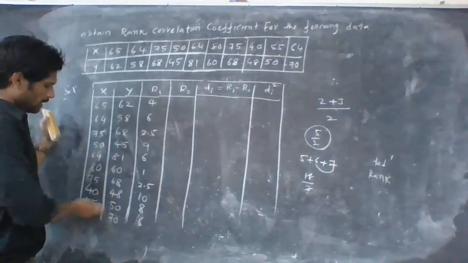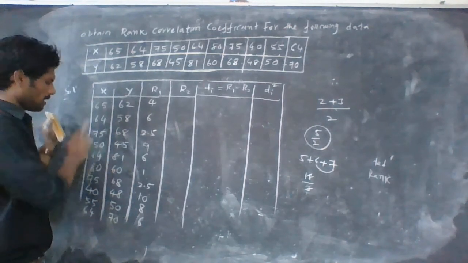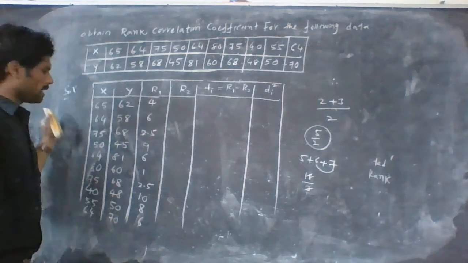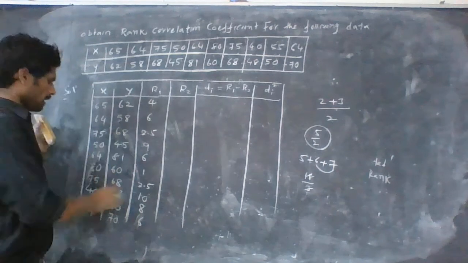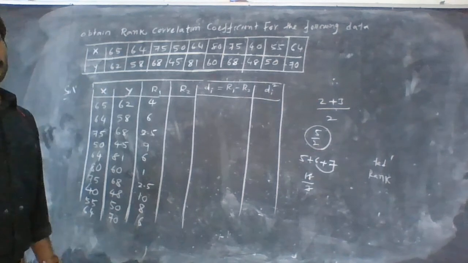Coming to the 8th rank, it is 55, the 9th rank is 50, and these are single numbers. The last number is 40, which goes to the 10th rank.